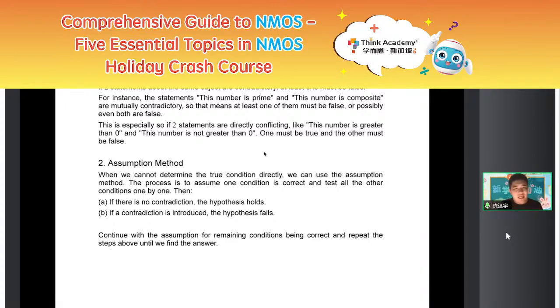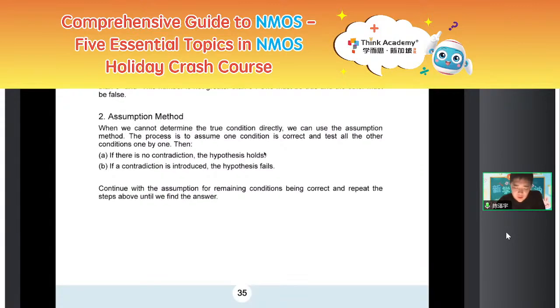And we find out, is there any contradiction? Basically, whenever we cannot determine the true condition directly, we can assume that one of the conditions is true and test the rest to see whether we have any contradictions, and then we can tell whether our assumption is correct or not. Okay.